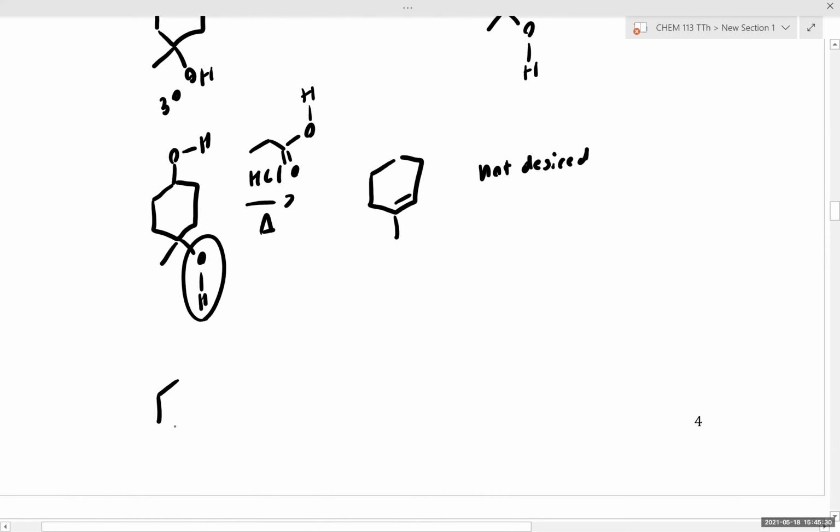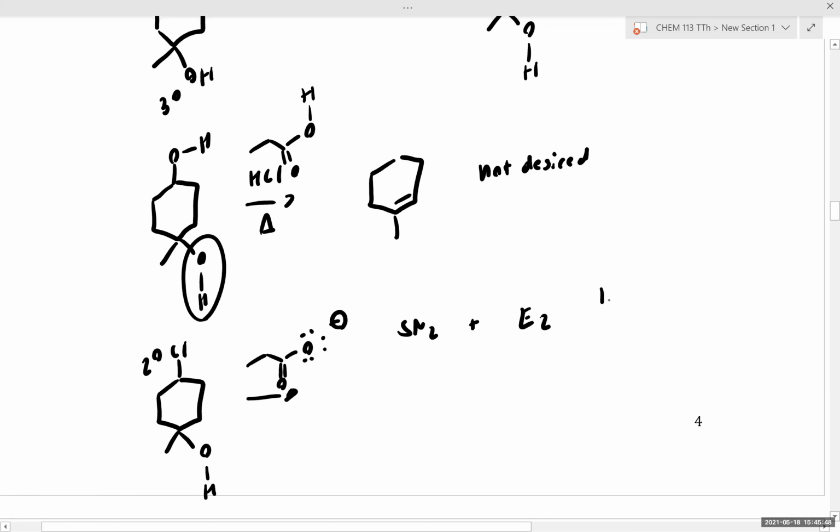What if you go through the carboxylate? What if you want to take this acyl chloride and you want to use the carboxylate? Well, when we have a secondary alkyl halide, you see some SN2 and you get some E2. So this route is less efficient.